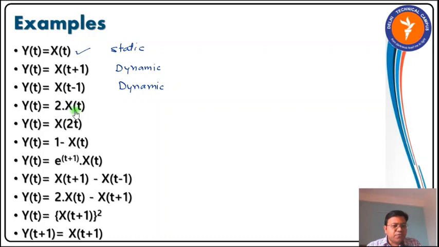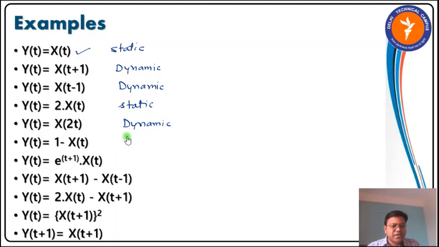So if we have the scaling of input, then the system is static, but if we encounter time scaling, we will say the system is dynamic. Like in this example, we have output which is dependent on input whose time is scaled, so we will directly say the system is dynamic. We have discussed how to solve these numericals in the last lecture.